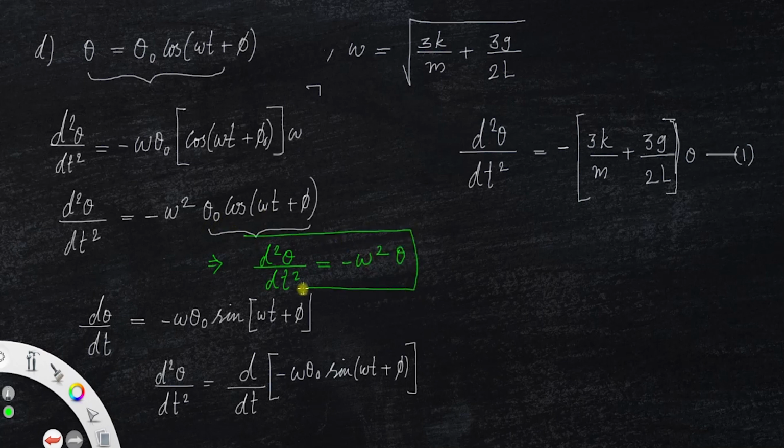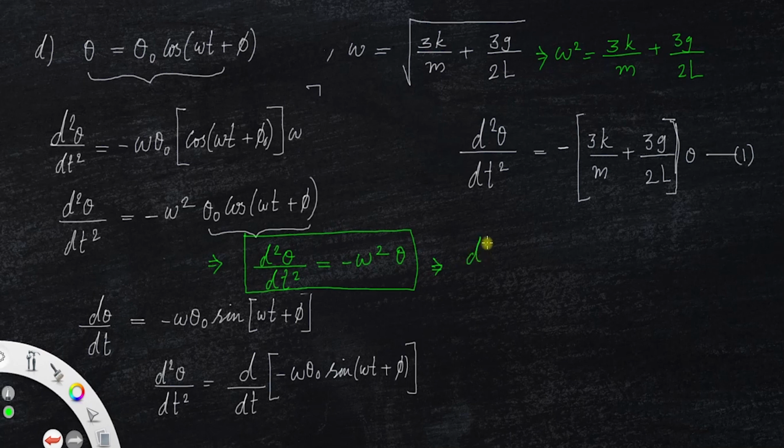Now this is ω, we have ω² is equal to, this root will get removed, 3k/M plus 3g/2L.